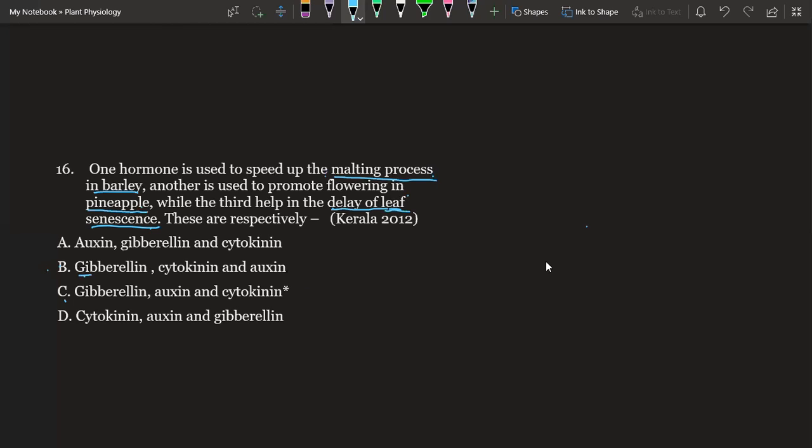Ethylene is for synchronization. Here it is auxin, the second one is auxin. And third, delaying senescence, cytokinin delays the leaf senescence. So this one is the answer.